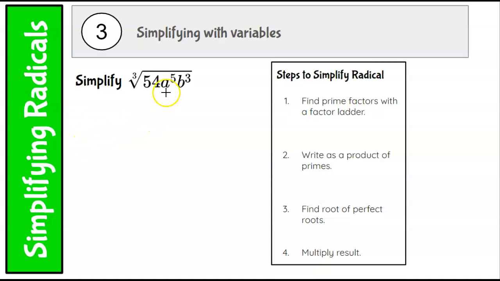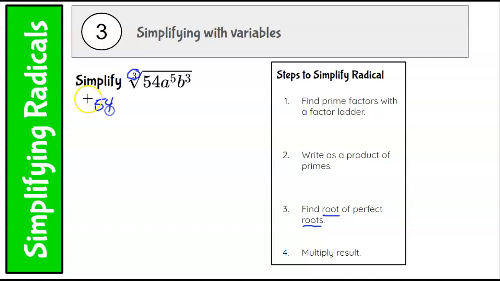Let's look at one more example. This time we're going to mix it up: we have some variables and we have a cube root. I've changed the steps here, just one little thing. I just put find the root of perfect roots. So if this is a 3, then instead of looking for things to the second power, I'm looking for things to the third power. But I'm still going to start off the same: find prime factors with a factor ladder.